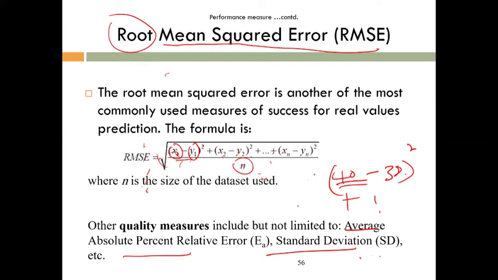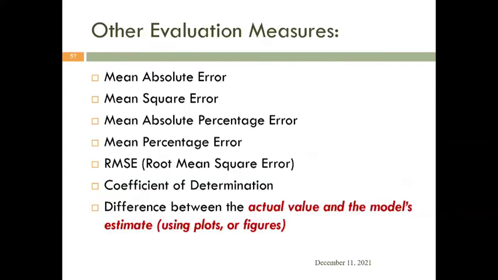By default, it shows root mean square error, absolute percent relative error, standard deviation. If you want more, you can go into the system, more options, and set it to display more performance measures, depending on the area you are looking at. These are other evaluation measures for regression: mean absolute error, mean square error, mean absolute percentage error, mean percentage error, and root mean square error.